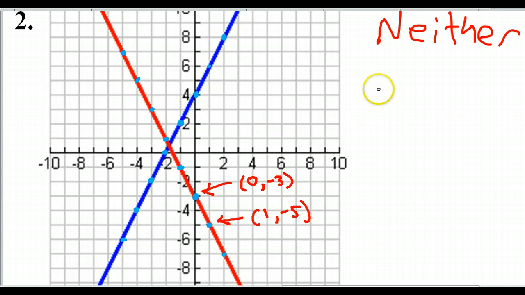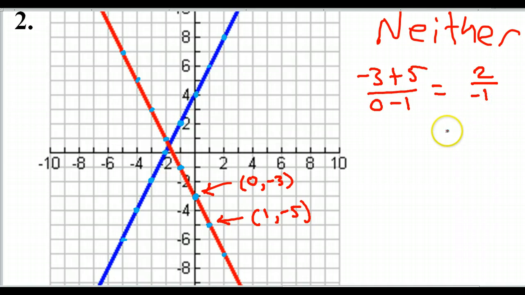So if I do the slope formula, y minus y. This time I'll just do top minus bottom. So y minus y would be -3 plus 5, because of the minus and negative, and then 0 minus 1. -3 plus 5 is 2. 0 minus 1 is -1.